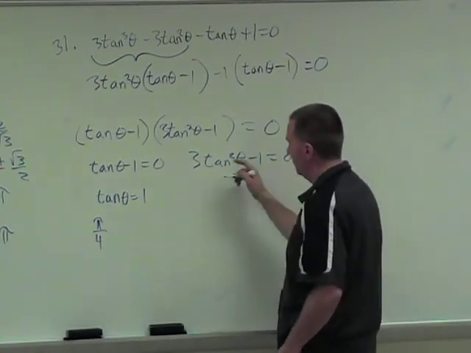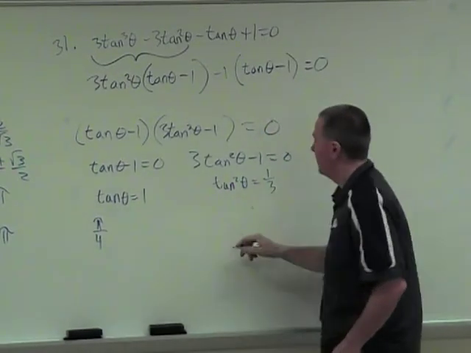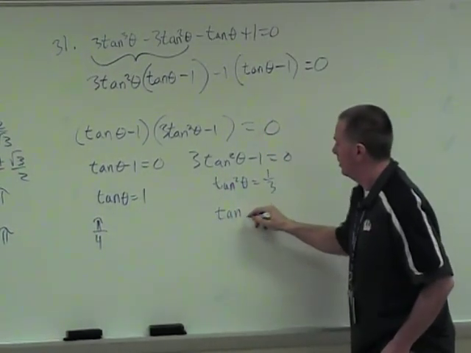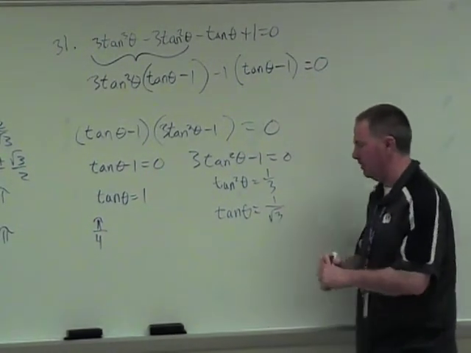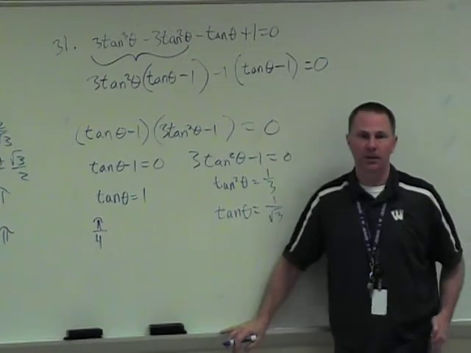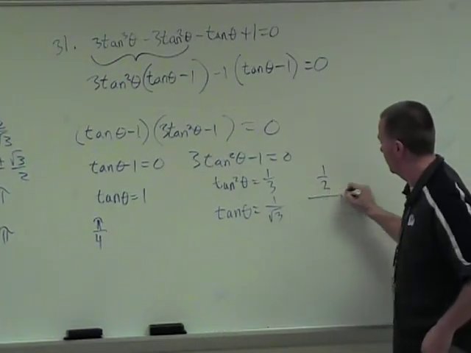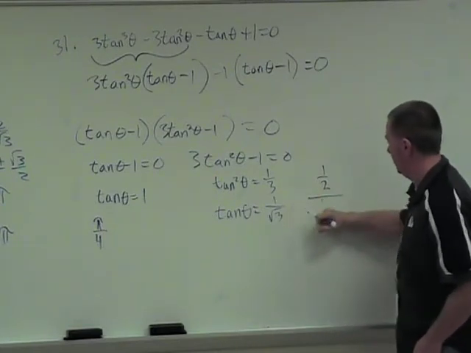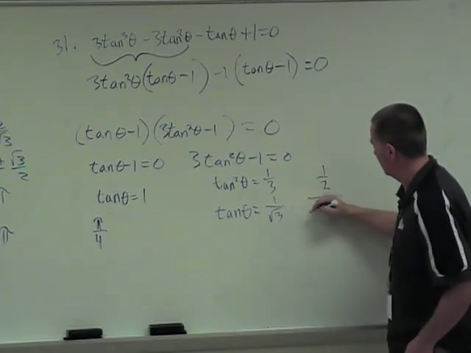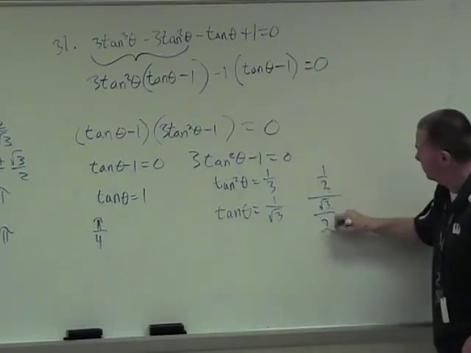Okay. Add 1 divided by 3. Tangent squared of theta equals 1 over 3. And everybody should recognize right away that the tangent can be 1 over radical 3. And everybody should notice it comes from this. But the 2's cancel out.